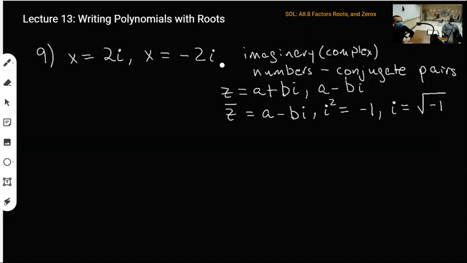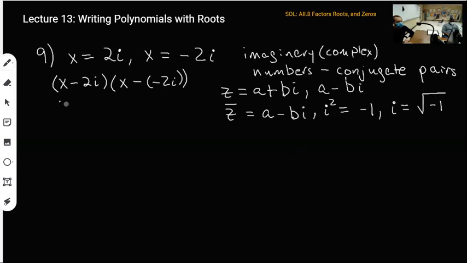So what I'm going to do first is subtract these numbers from x. And I'm going to get x minus 2i and x minus a negative 2i. So I use the parentheses for the negative 2i because those negatives are going to cancel.